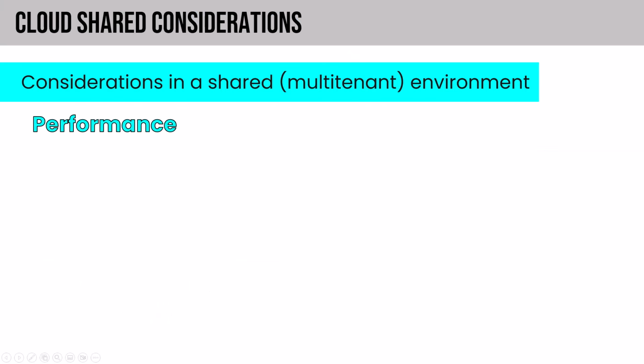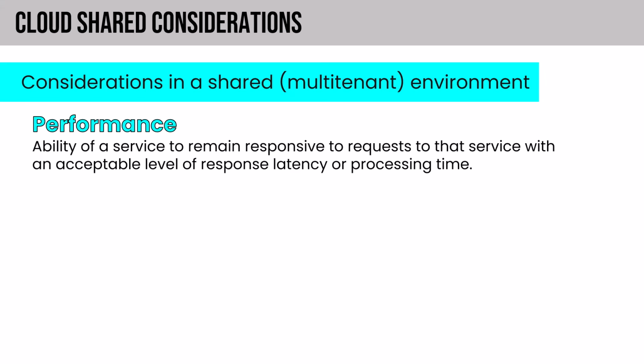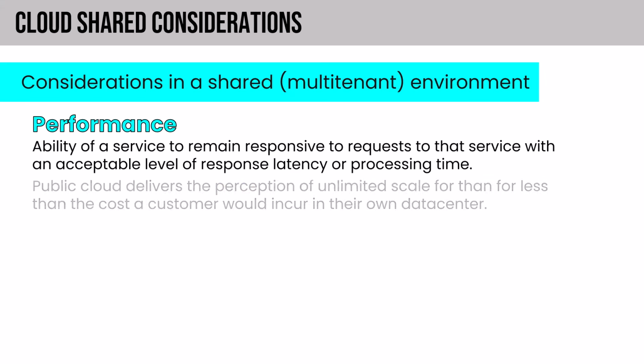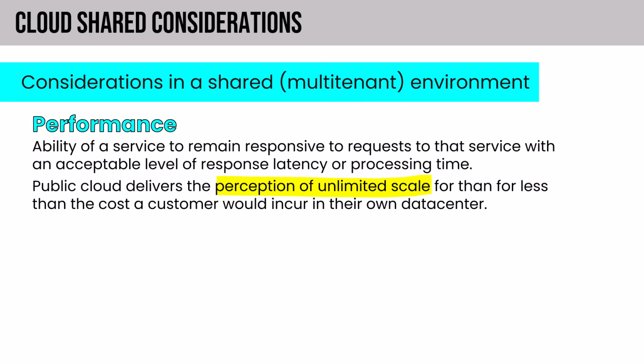Next, we have performance, which is the ability of a service to remain responsive to requests of that service with an acceptable level of response latency or processing time. Remember, one of the benefits of public cloud is it delivers the perception of unlimited scale, typically for less than the cost a customer would incur to develop the same level of service in their own data center.